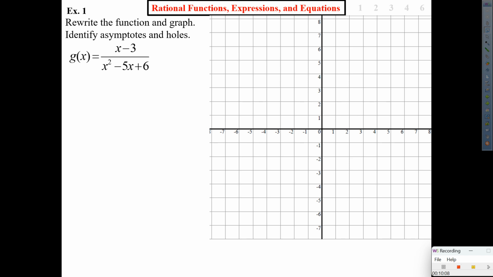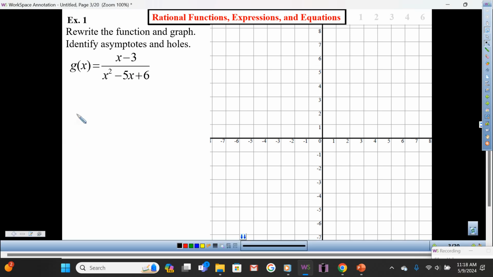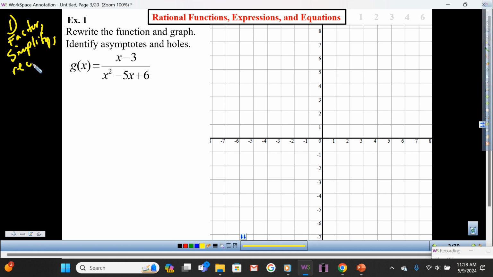All right, do me a favor. Let's write a couple of steps on the side to the left, or somewhere if you have space. Step 1, ready? We're going to factor, simplify, and rewrite. Step 2, we're going to ID and then put a big 1 like this, and I'll show you what we're going to do with that.